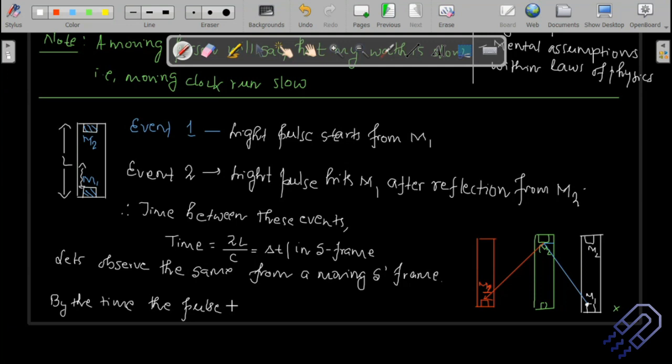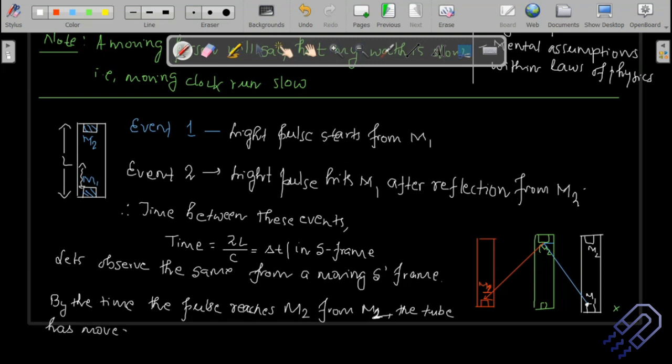By the time the pulse reaches M2 from M1, the tube, or the cylinder, whatever, has moved because it's moving, so we know it has moved.